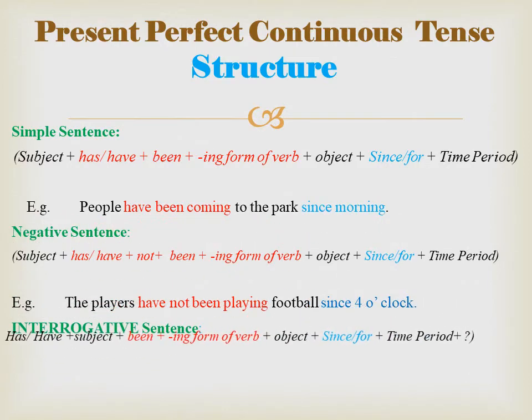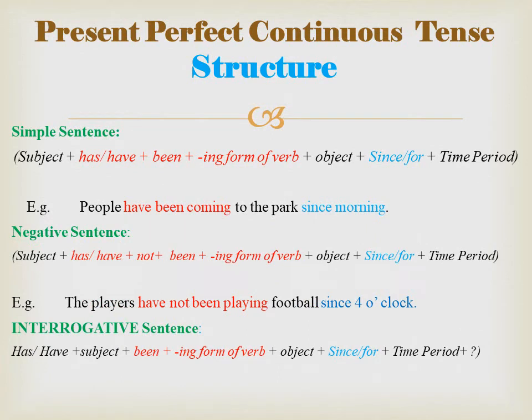Interrogative sentences. In interrogative sentences, we bring has, have in the beginning of the sentence, and they are followed by subject, then been, then ing form of a verb, and then object, then use of since and for, and then time period, and the sentence ends at question mark.